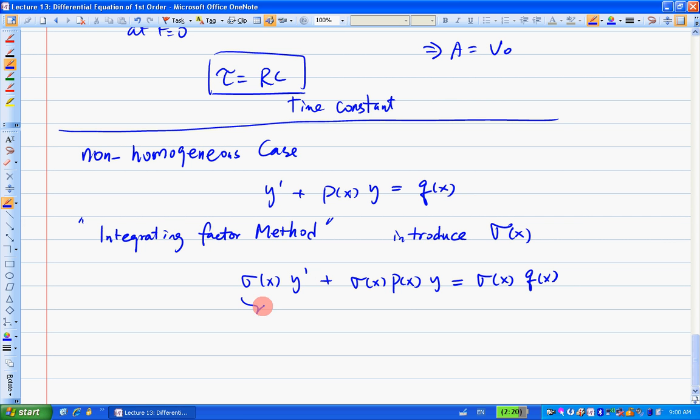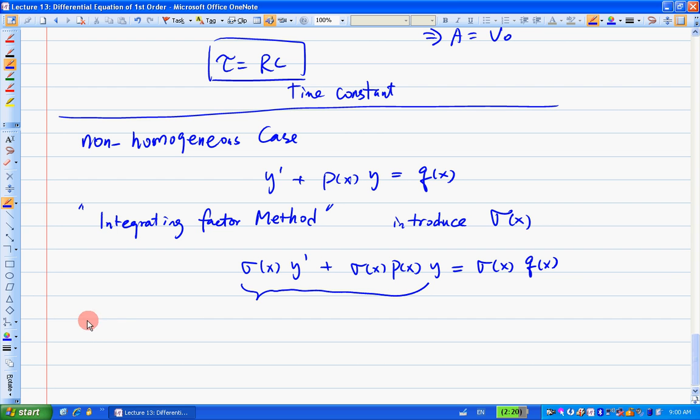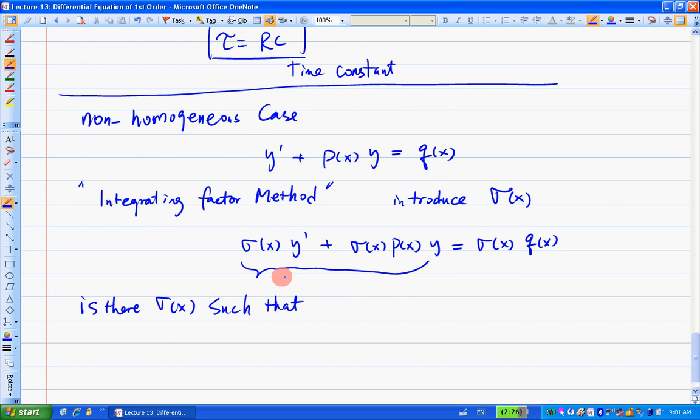Now the whole left side is a mix of y and x, right? So ideally, you would think, is there some kind of a sigma x such that the whole left side can be written as this?